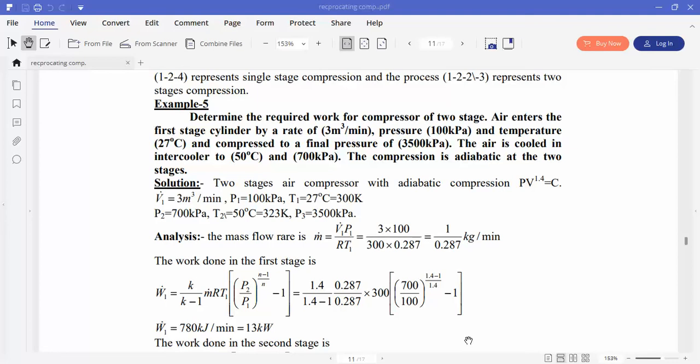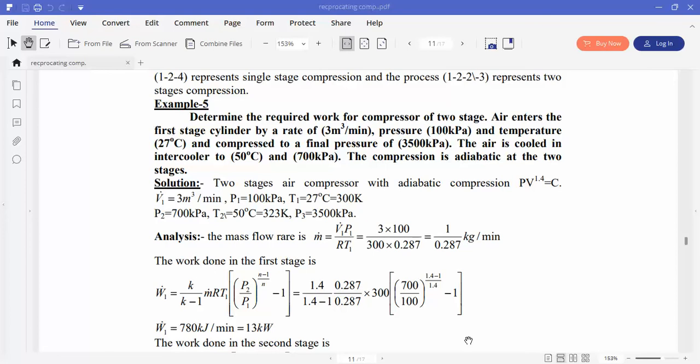The air is cooled in the intercooler to 5 degrees centigrade and 700 kilopascal. The compression is adiabatic in the two stages.